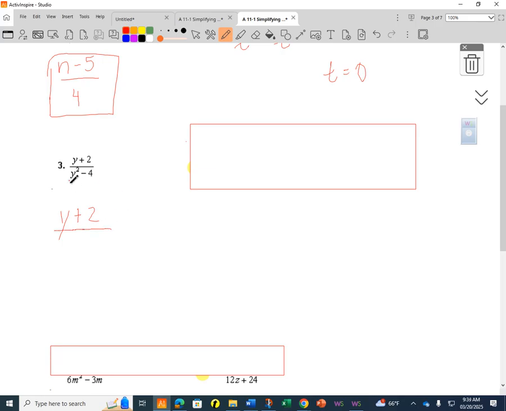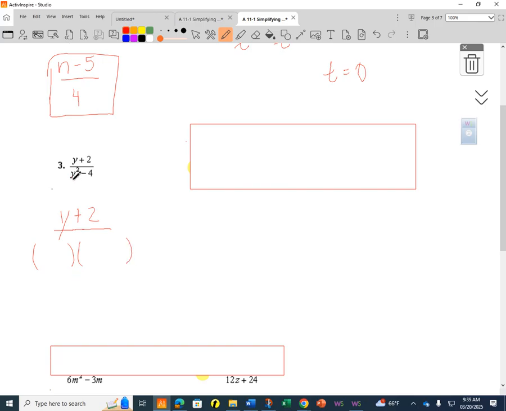Can anybody tell me what the factors of the denominator are? I'll give you a hint: perfect square minus a perfect square. The denominator is a difference of squares. That's one of our special products. Does anybody remember how to factor it? It's the one binomial that will factor into two binomials.